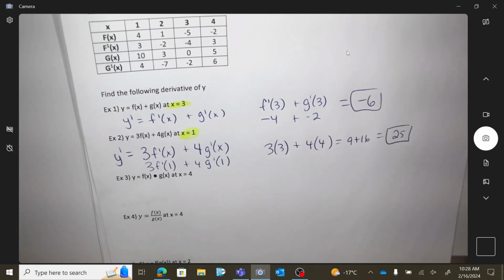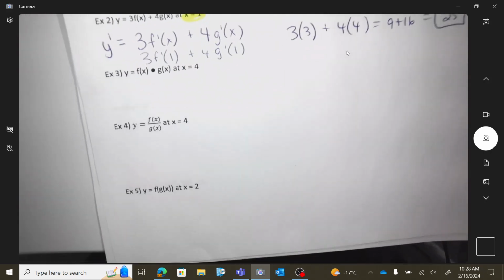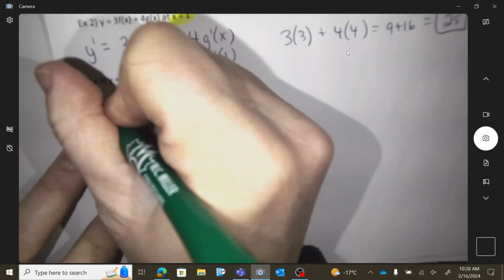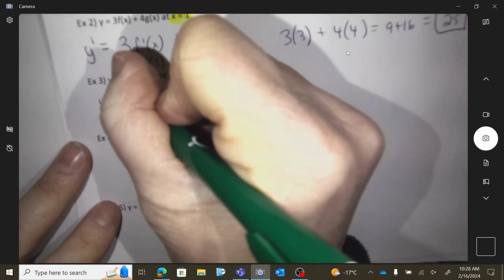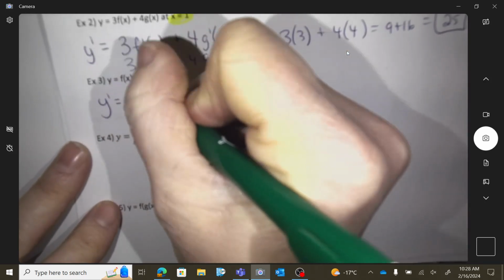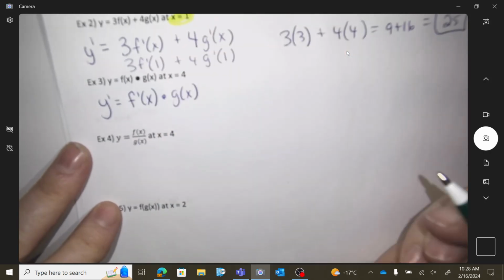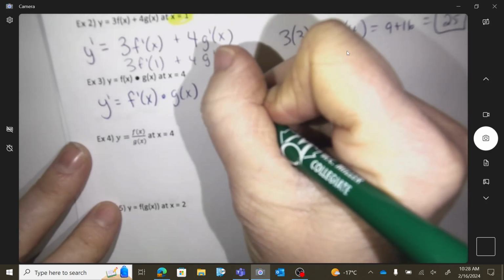Okay, now rules. See if you even got them memorized yet. Product of two things. So what's the rule with product when you derive? You derive times keep original, and then what operation?